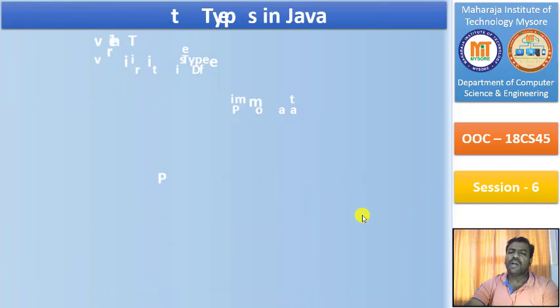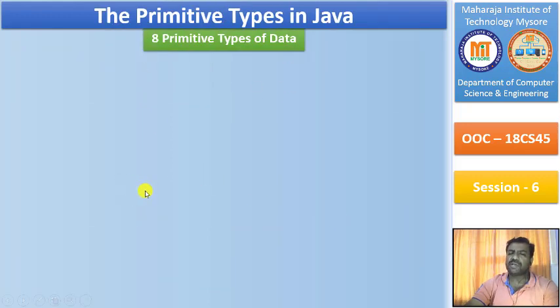Now if I look at the primitive types, the basic data types, we have come across a number of them until now. The frequently used primitive types are integer, character, float and double.